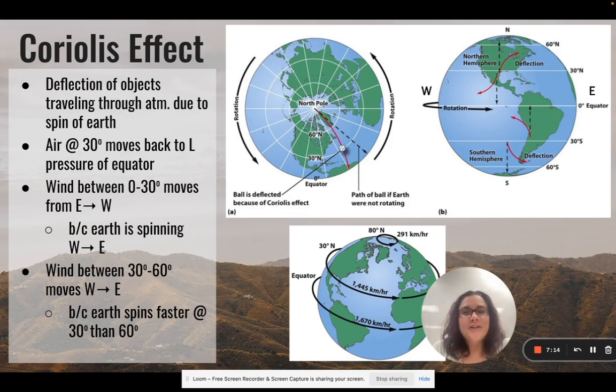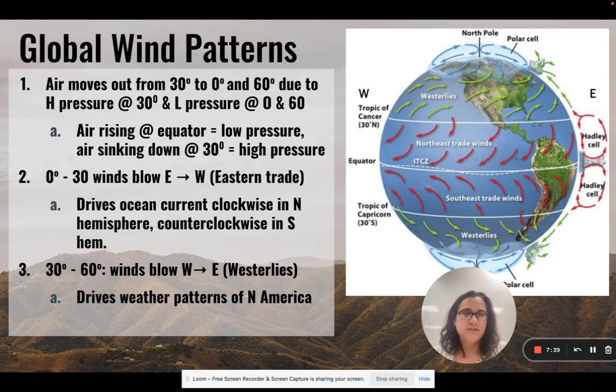So between 0 and 30, we're moving from an east to west direction because the Earth spins west to east. Now, the winds between the 30 and the 60-degree mark actually are going west to east because the Earth is technically spinning faster at those latitudes. Now, again, we're going to do a lot of work with this in class, so I'm hoping that some of this will help clarify if you're watching this before we do that. Let's just pause there for now.